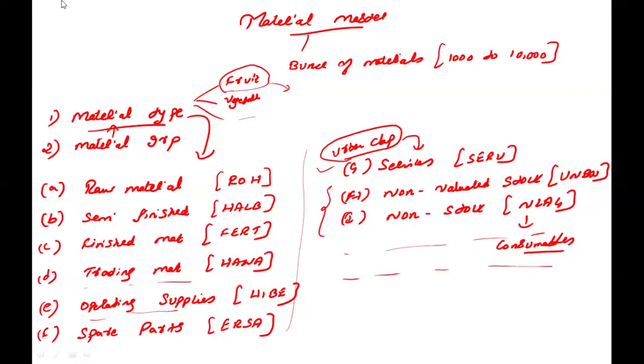If those equipments are getting any trouble, in future they are going to do maintenance activities, and they need to purchase spare parts to maintain those equipments, right? Yes. In such a case, do those spare parts come under ERSA or HIBE?